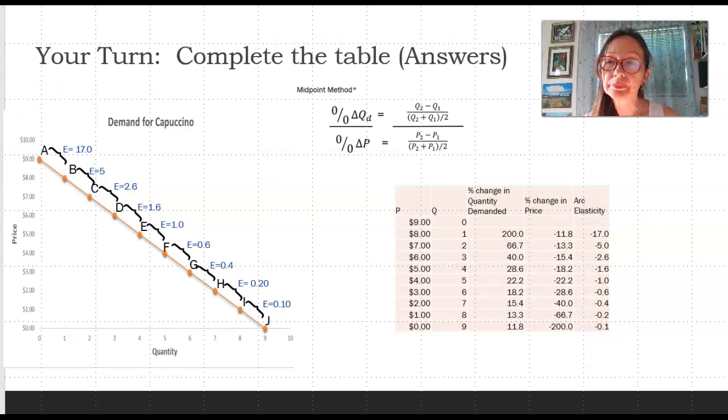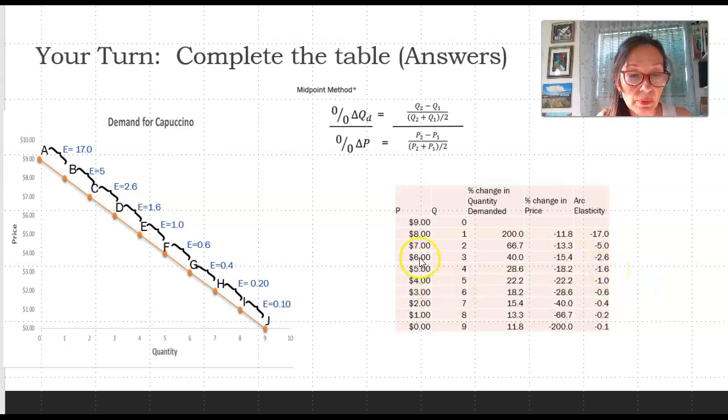What we saw when we were working on our elasticity, we started at a price of $6 and we lowered our price to $5, and we were looking at prices in that range. And the elasticity that we got when we did that was 1.6.